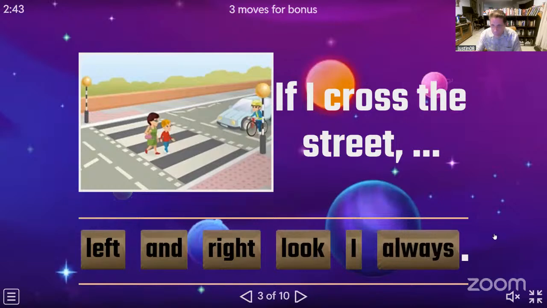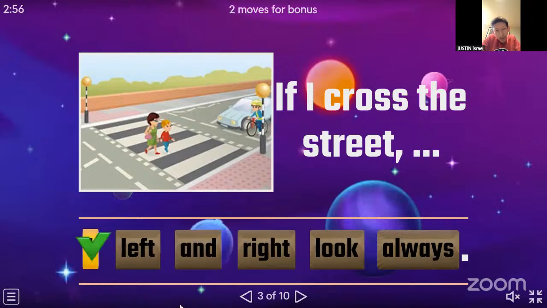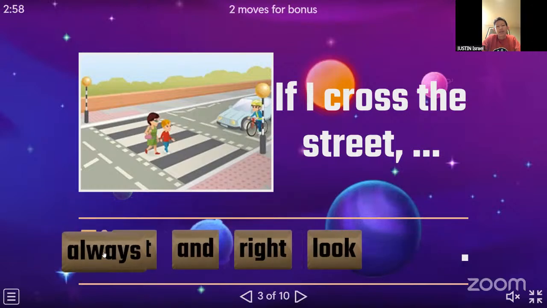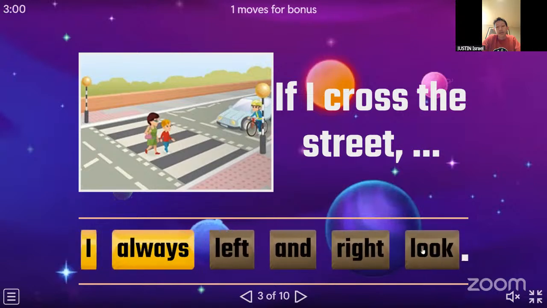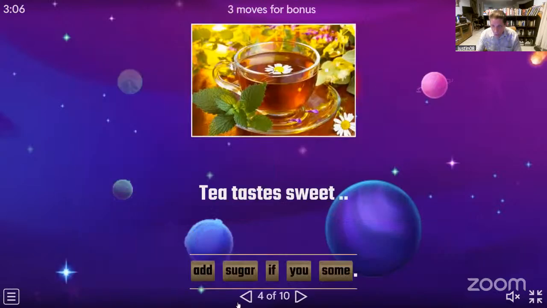Okay, number three. If I cross the street, I always look left and right. This one is called the zero conditional.